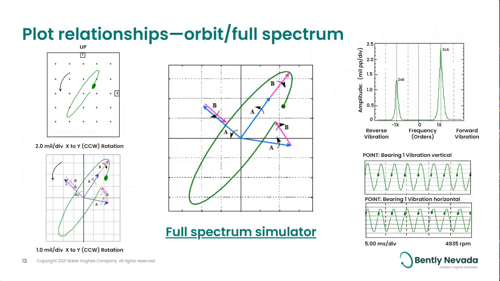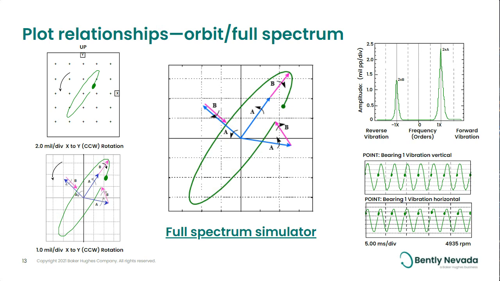So with the last set of plots, I introduced the concept of the full spectrum. And what we have developed and we found in the digitization of orbit plots is that there are positive components and there are negative components. The negative components tend to be related to frictional components, okay?